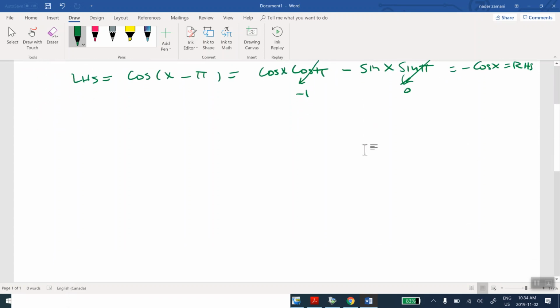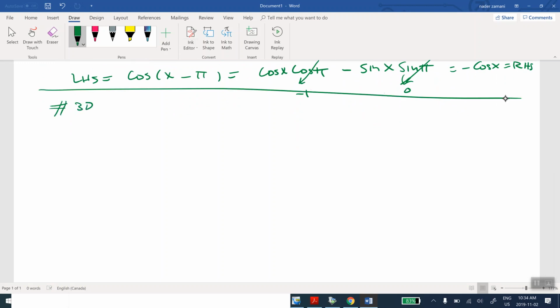Okay, number 30. Prove that sine of pi over 2 minus x equals sine of pi over 2 plus x.